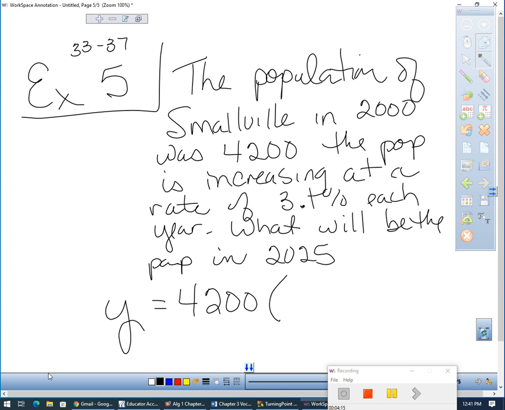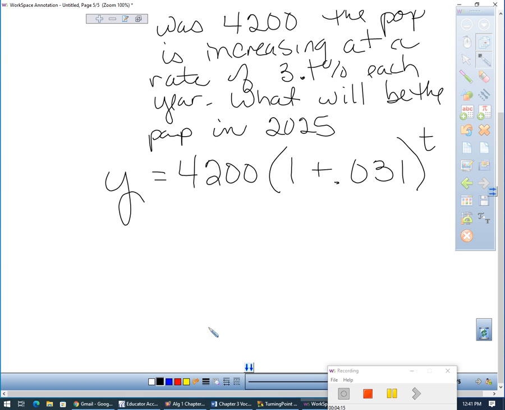Is this a growth or decay? So 1 plus our percentage as a decimal, 0.031, right? And it is per year, so we just have t, or x. So this is our equation to begin with.